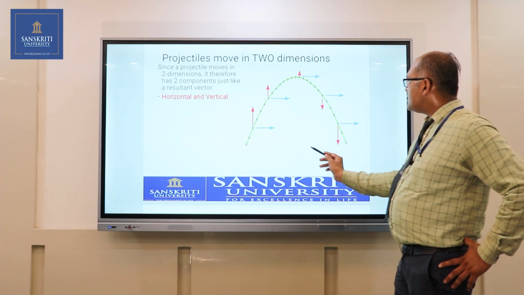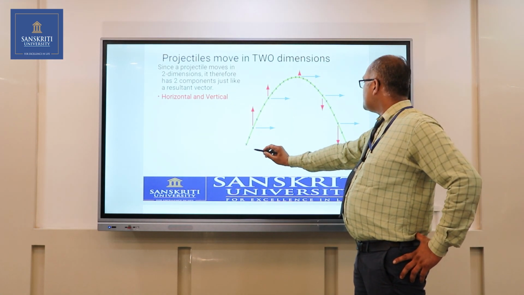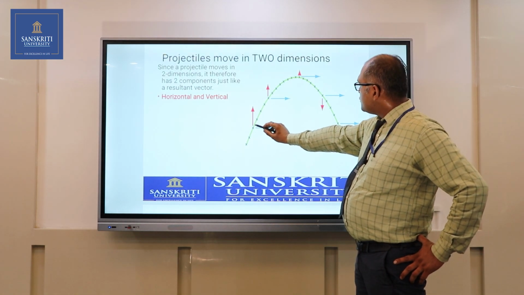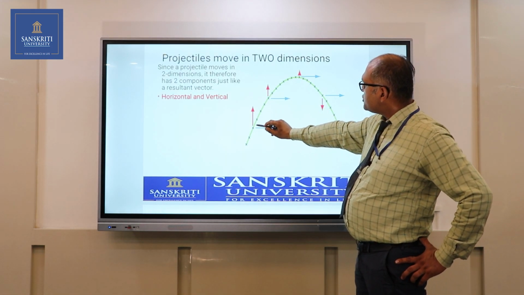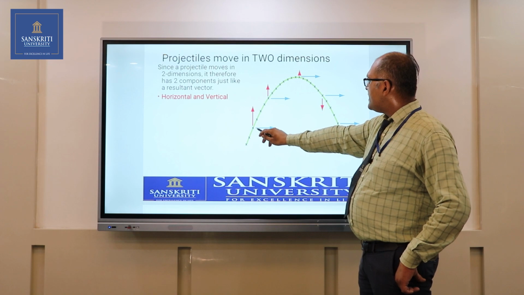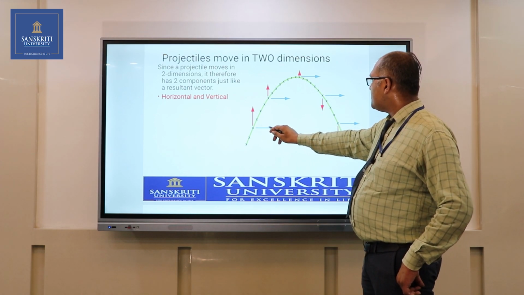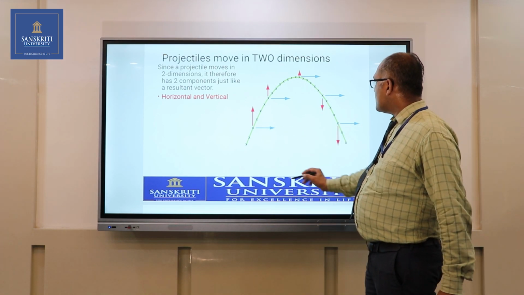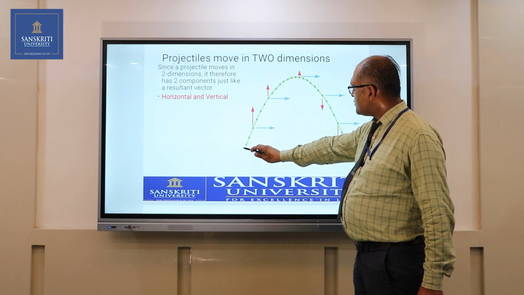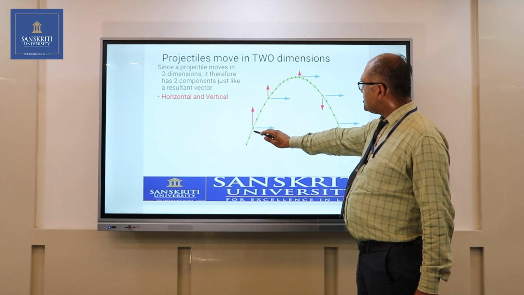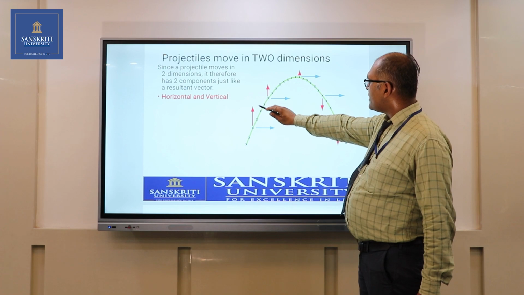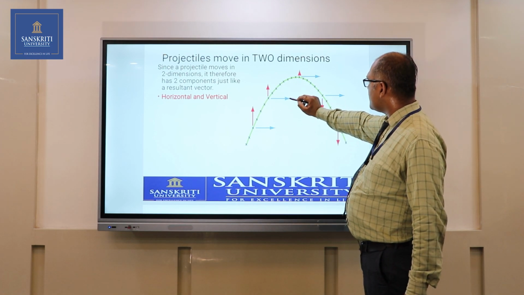Now here you can see, when the projectile is being launched, it is going vertically upwards, which is shown by the red arrow, and it is going horizontally, which is shown by the blue arrow. So when the projectile is launched, it is initially moving in two directions: vertical and horizontal.